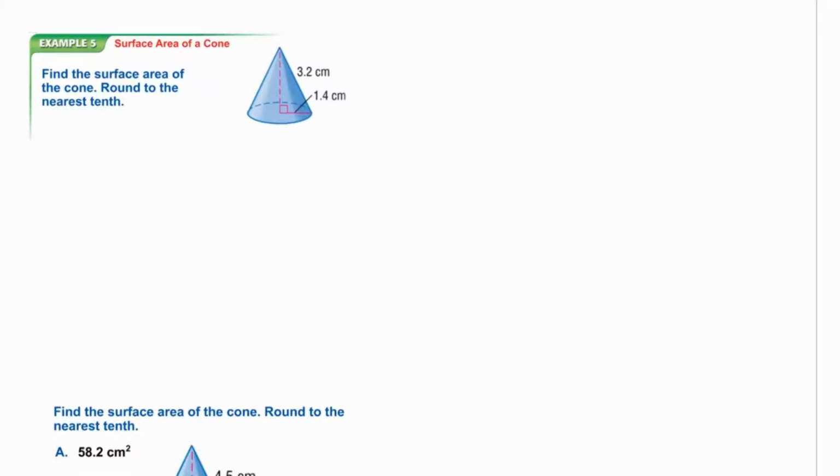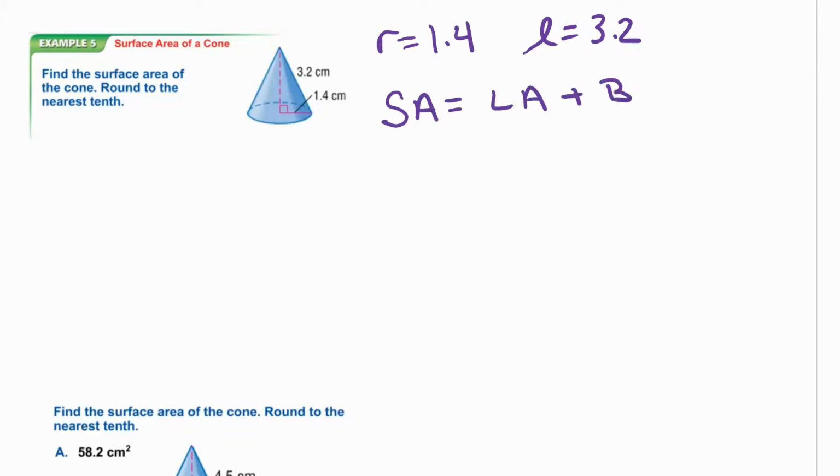Now we want to find the surface area of the cone. In this diagram, the radius is 1.4 centimeters and the slant height is 3.2 centimeters. Doing these types of problems, sometimes it's easier just to fill in the formulas and do it straight across. So we know the surface area equals the lateral area plus the base.